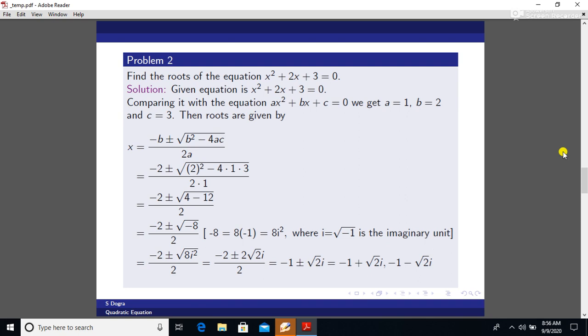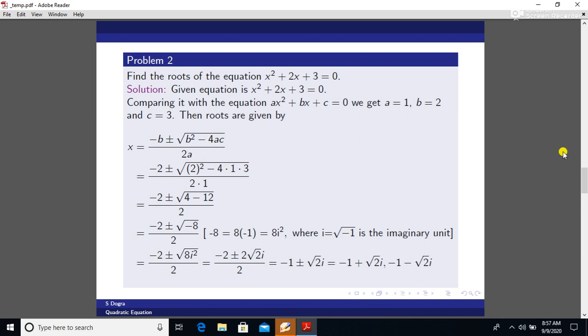We know that I equal to root over minus 1 is the imaginary unit, so I square equal to minus 1, and minus 1 has been replaced by I square because we know that a negative term under root causes an absurdness. So to remove the absurdness, we have replaced minus 8 by 8 I square.